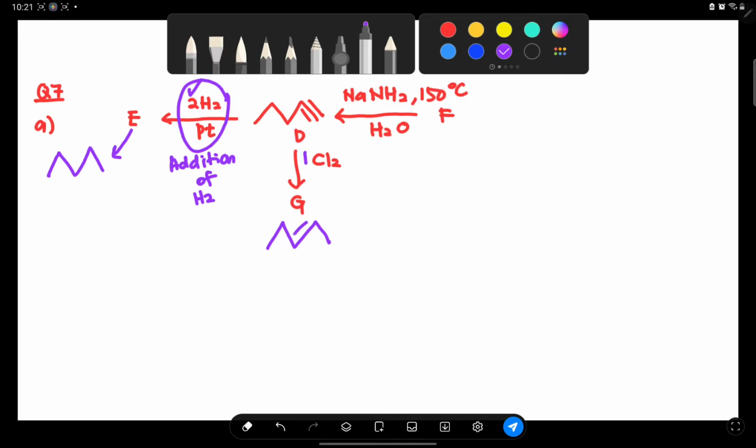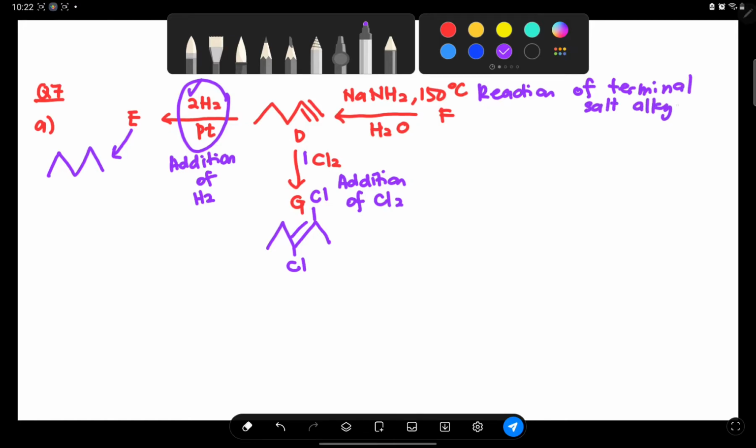So trans addition of Cl and Cl. Here is addition of Cl2. So for Na and H2 at 150 degrees C, this is the reaction of terminal alkyne.